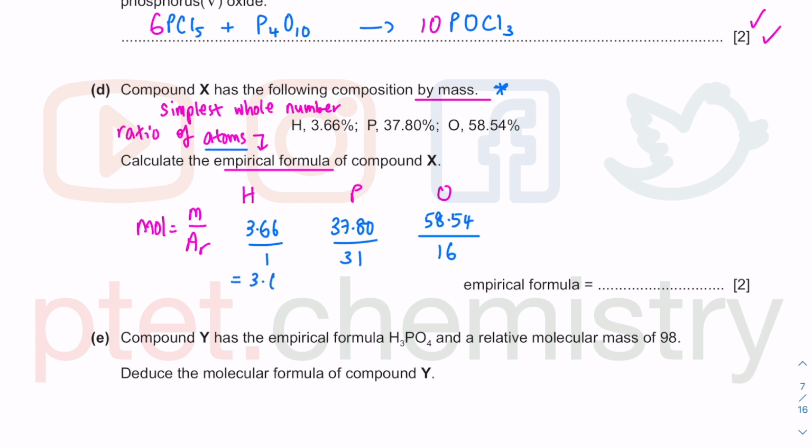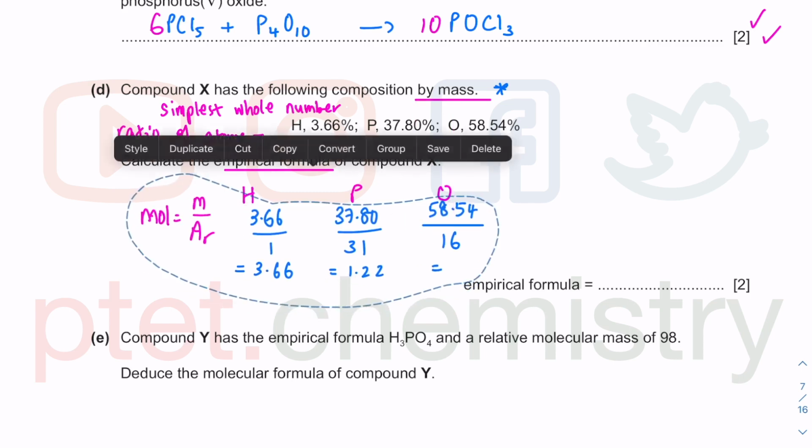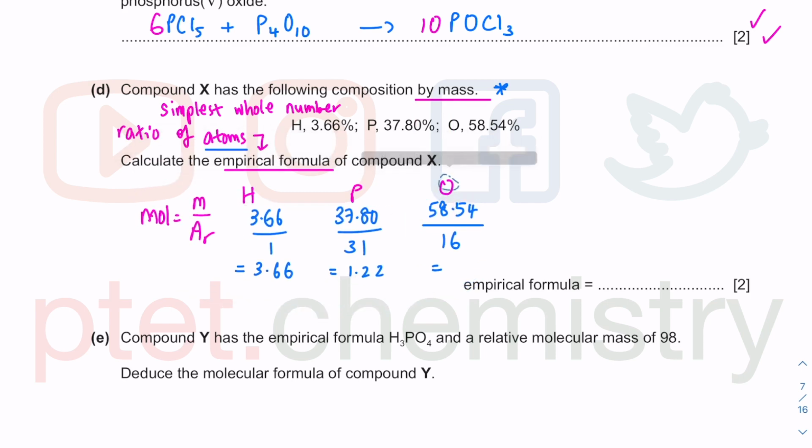Definition wise, they were straight from the syllabus. And I'm going to get 1.22 there. So 58.54 divided by 16, I get 3. Okay, I'm running out of space there, so hopefully I can just move this up a little bit.